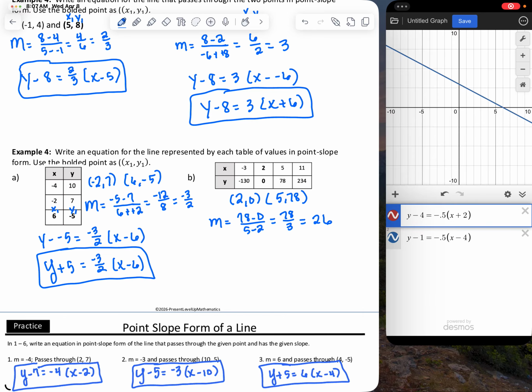Then they said to use 2, 0 as your x1, y1. So y minus 0 equals 26 times x minus 2. And then I'm going to simplify that. I don't need the 0 because it's nothing. So y equals 26, parenthesis, x minus 2.